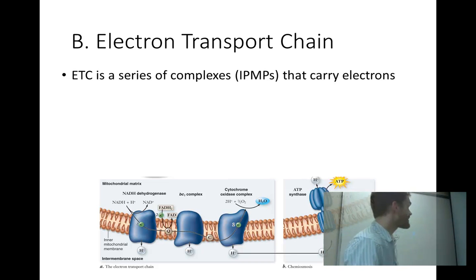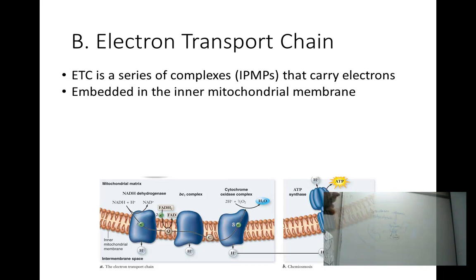Okay, and this happens through what's called the electron transport chain. This is a bunch of integral membrane proteins on the inner mitochondrial membrane. So they're embedded in here.